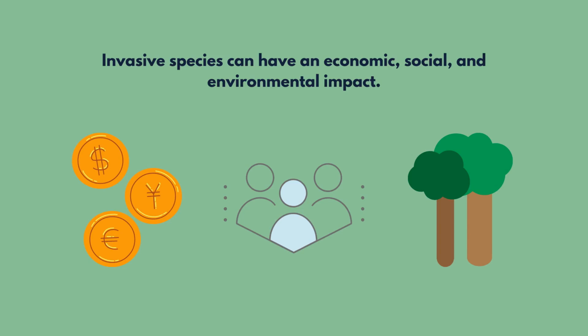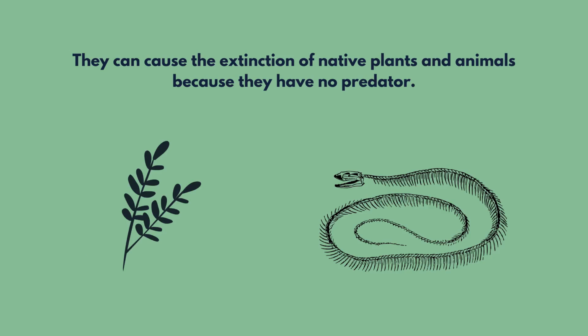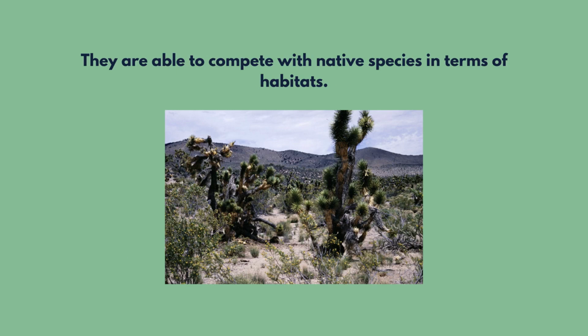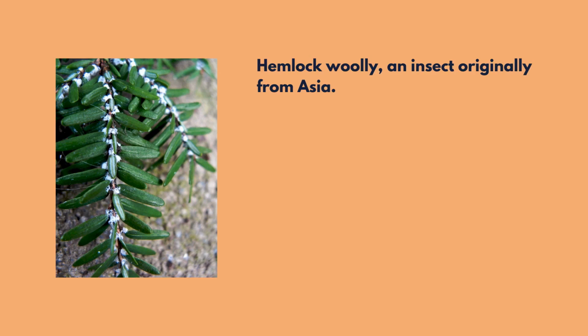Invasive species are able to cause the extinction of native plants and animals because they have no predator. They are able to compete with native species in terms of habitats. In other areas, the presence of invasive species can destroy the environment and turn into a disaster. An example of an invasive species that destroys habitats is the hemlock woolly adelgid, an insect originally from Asia.